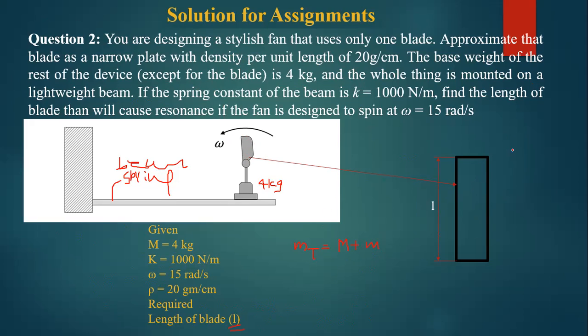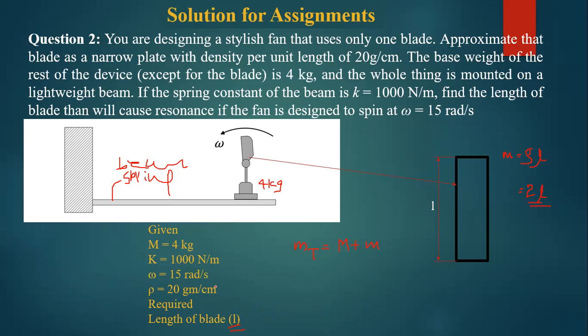So M is equal to rho times L. But the density is given in gram per centimeter, so we have to change it to kilogram per meter. 1 kilogram is equal to 1,000 grams, and a centimeter, when we convert it to meter, is 10 to the power of -2 meters. By that conversion, we get 2L.